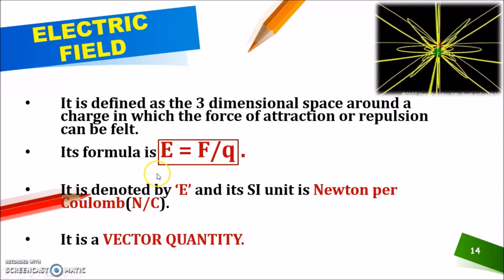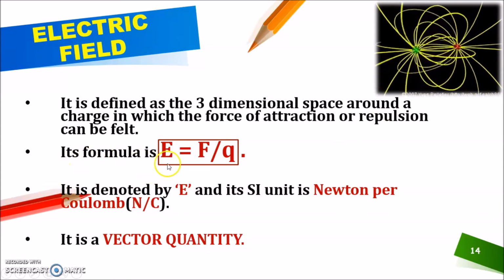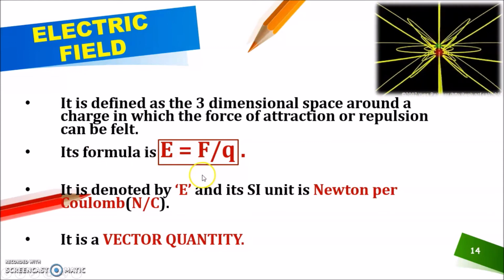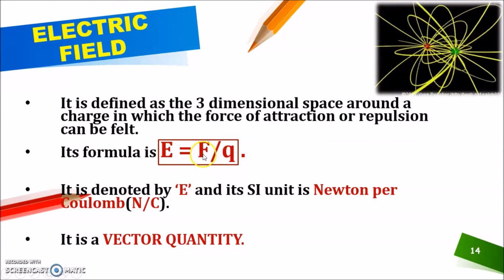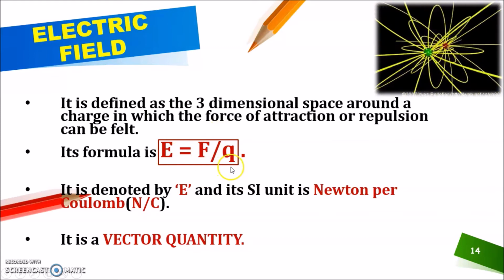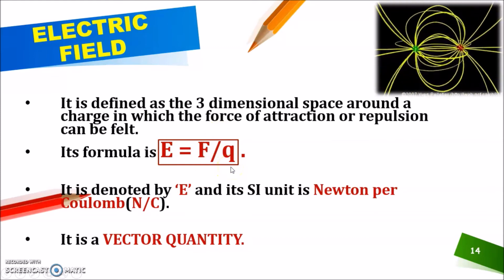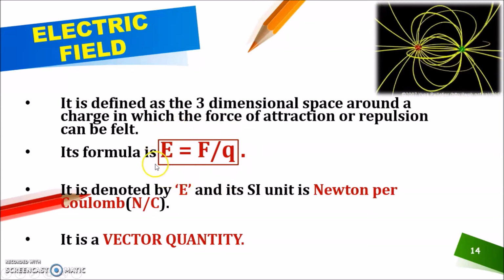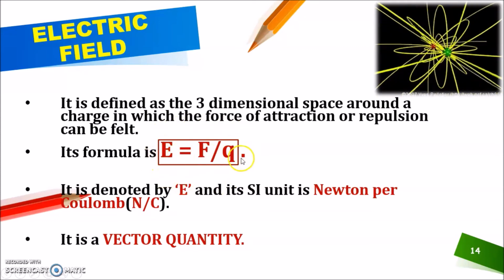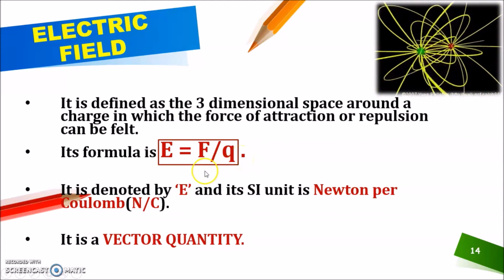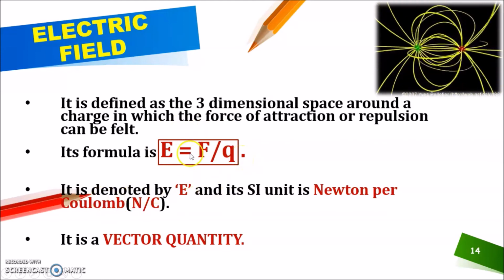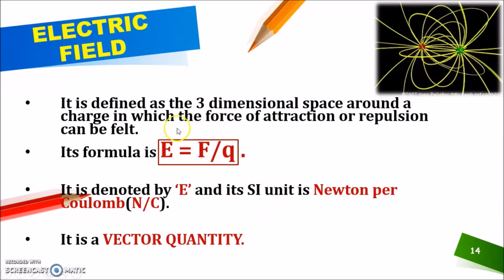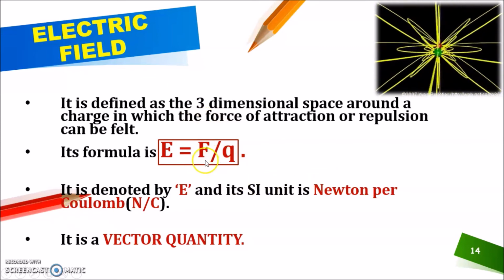So let's get back to the topic. Electric field may be defined as force per unit charge. From that statement we'll get this formula, E equal to F by Q. From this formula we can get the SI unit of this electric field, Newton per Coulomb.